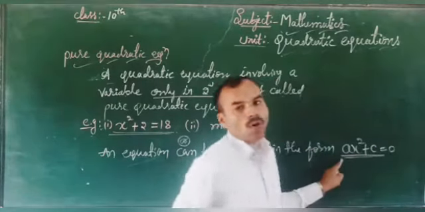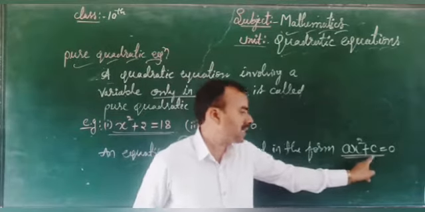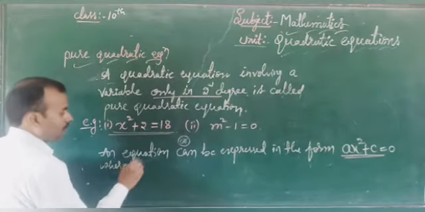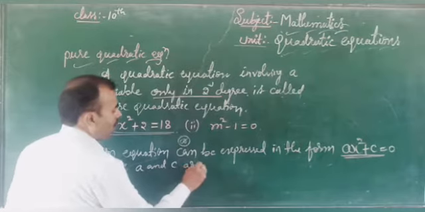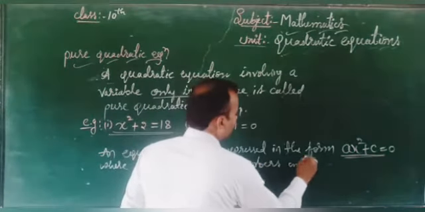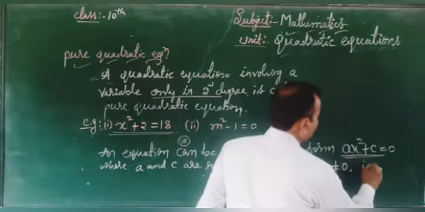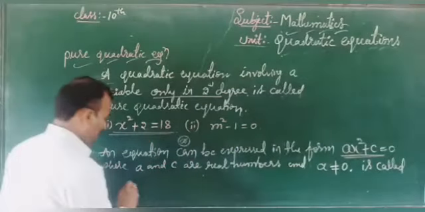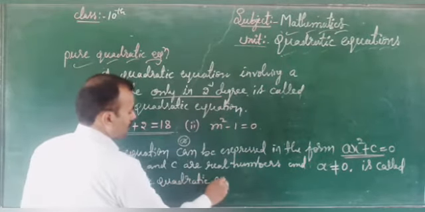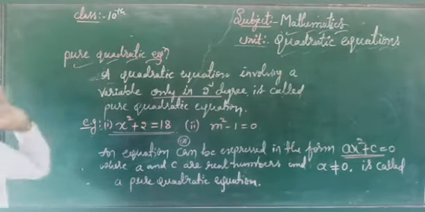This is the general form of a pure quadratic equation, where a and c are any real numbers and a is not equal to 0, is called a pure quadratic equation.